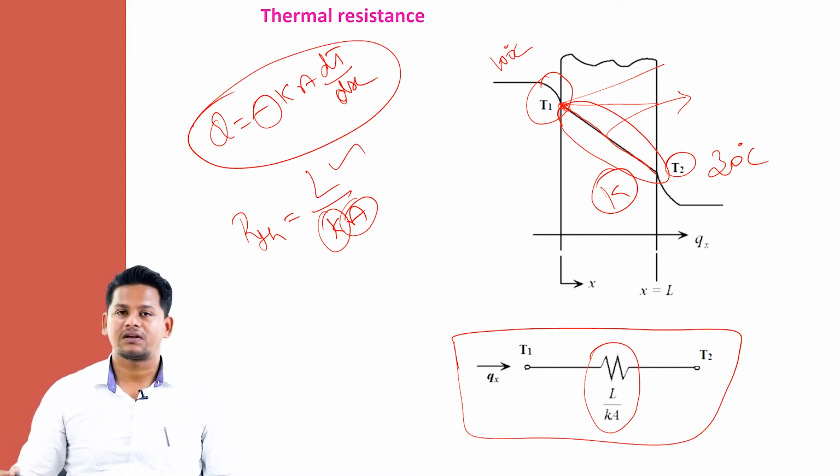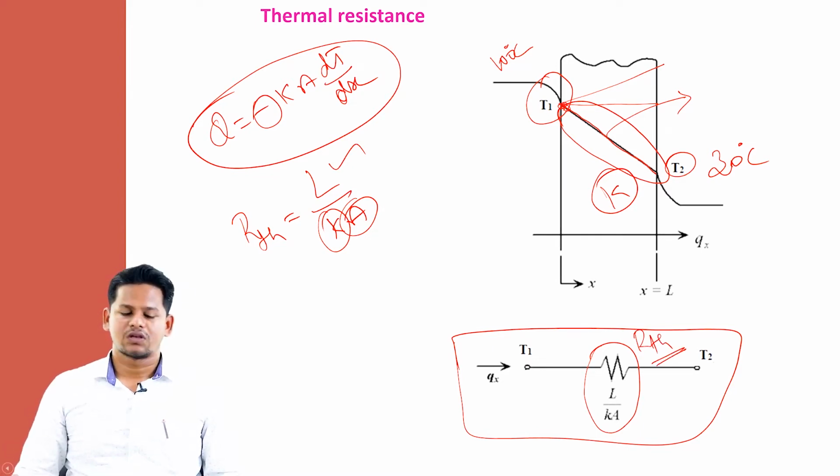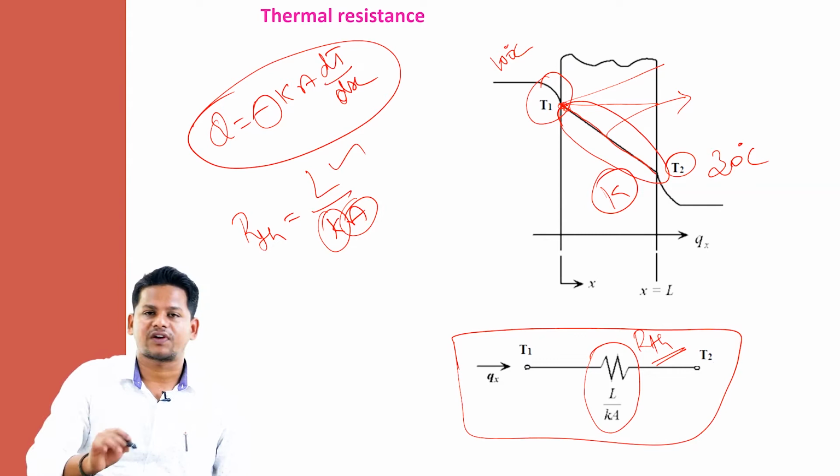If you want to write the thermal resistance, you can draw an electrical analogy diagram like this. Here we have L by KA, which is the thermal resistance for conduction.